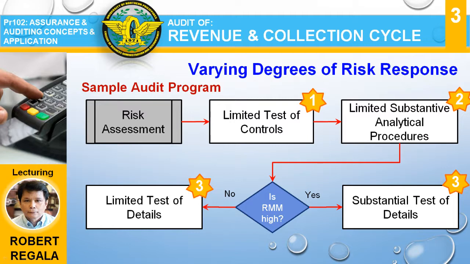If the RMM is high, the auditor will want to obtain a great deal of evidence directly from tests of details.